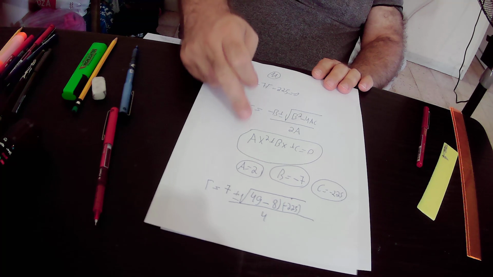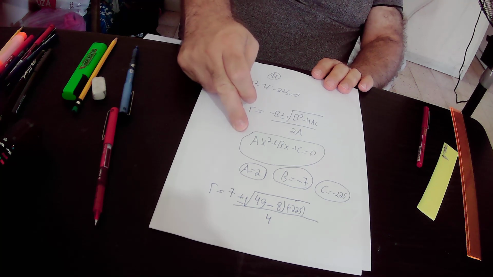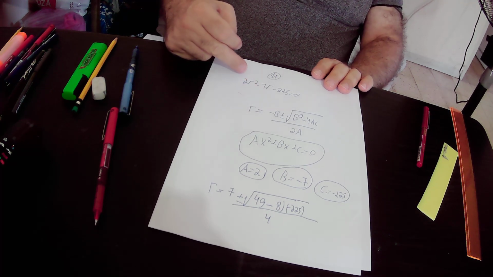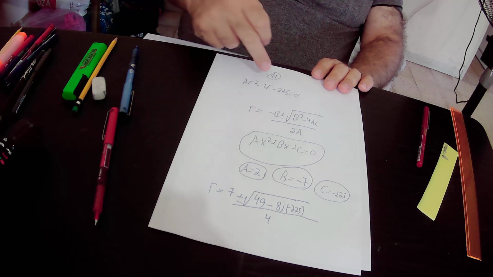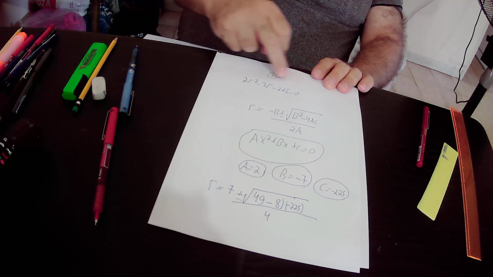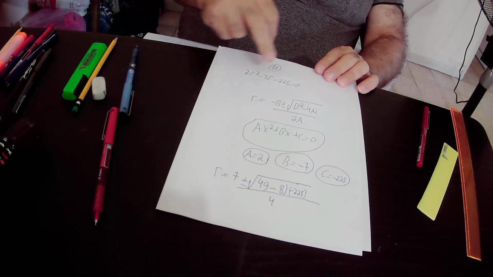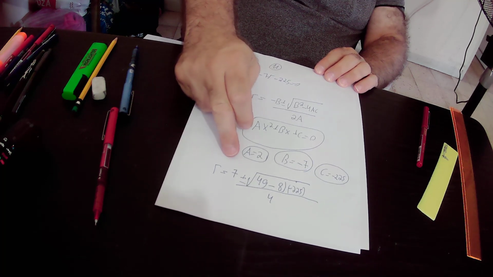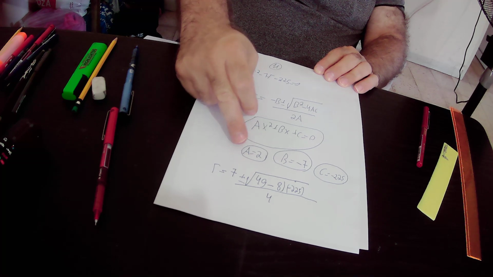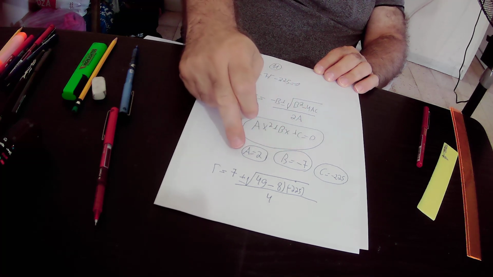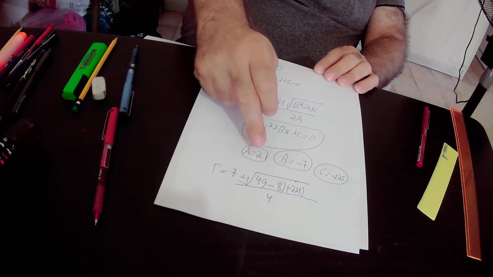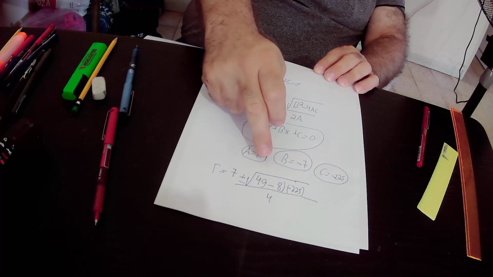According to the general quadratic equation, we can see that a equals 2, b equals minus 7, and c equals minus 225. So r equals minus b. Minus b is minus minus 7, which is plus 7. Root of b square: 7 square is 49.